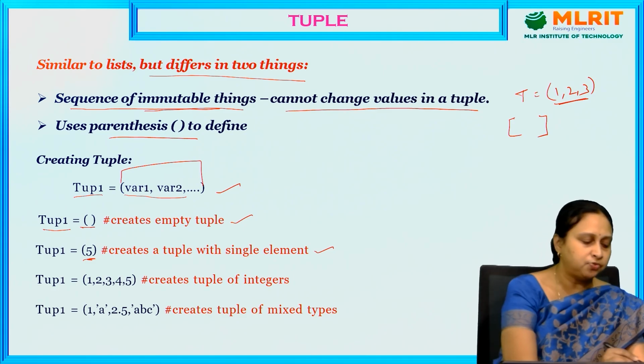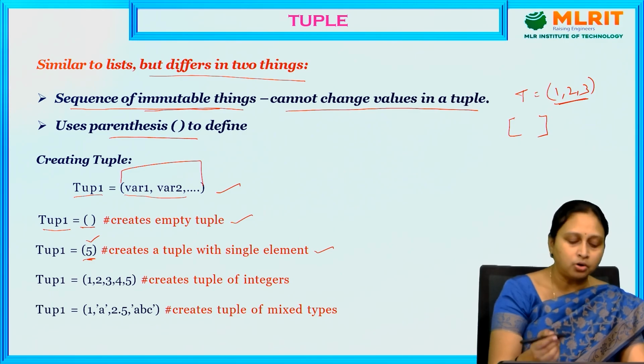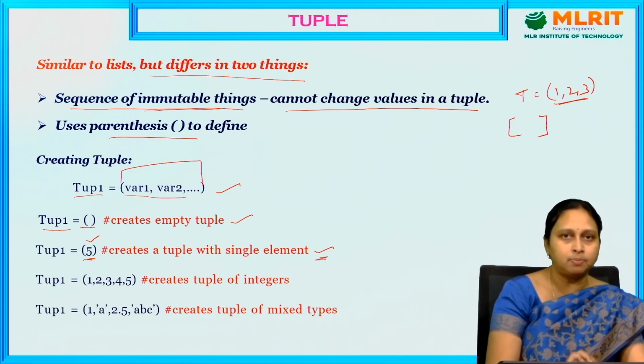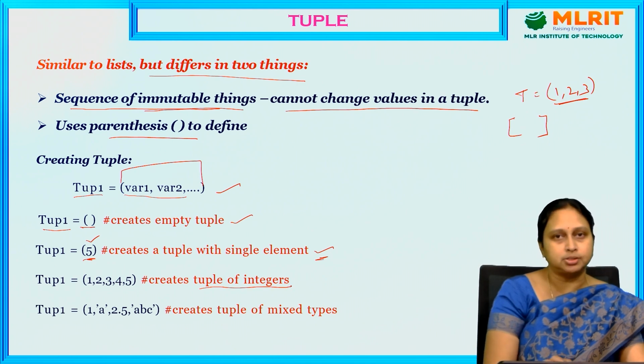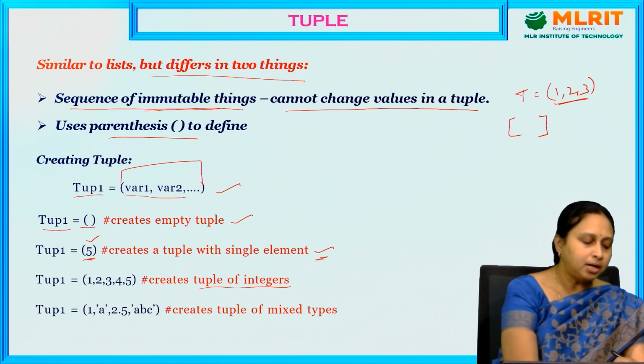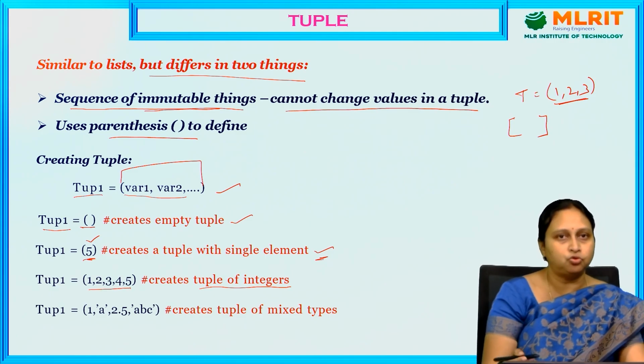This is one way we can give a single element in a tuple. Not only a single element, we can have a tuple of multiple integers. That means we can give n number of integers in a tuple by separating them with commas, like this, 1, 2, 3, 4, 5.